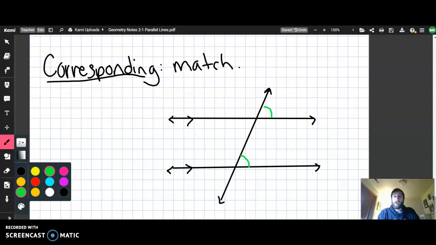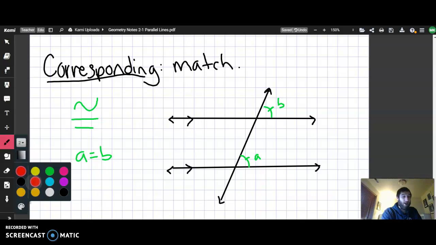And because they're matching, because they're in the same place, they're also the same size and shape, so they're congruent. Corresponding angles will always be congruent. So if this is angle A, this is angle B, then A is equal to B.